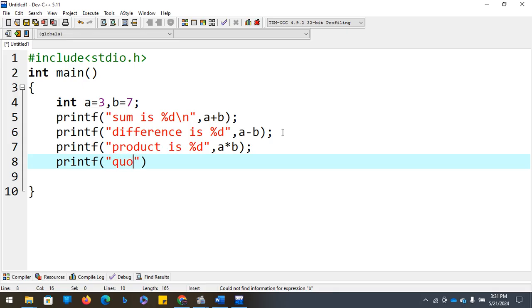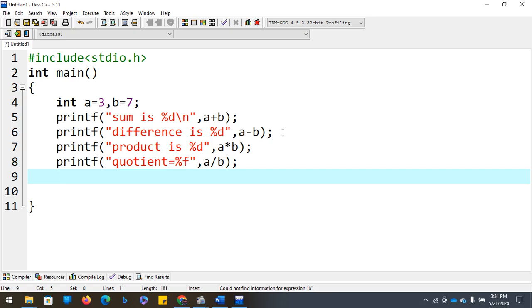Quotient. If we want to get the remainder, then we have to use percentage.